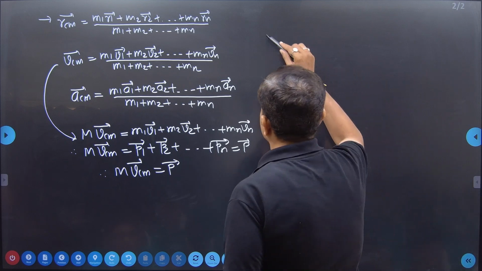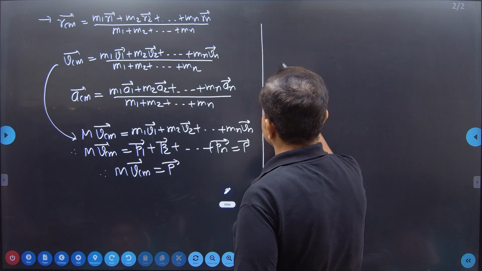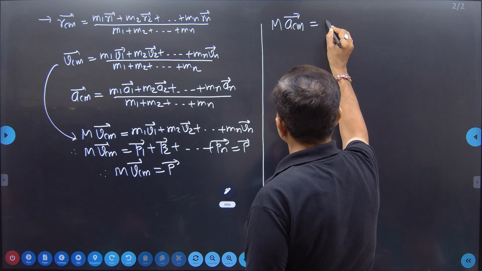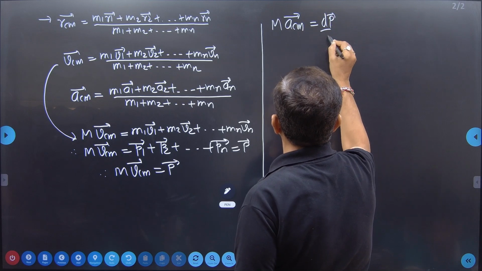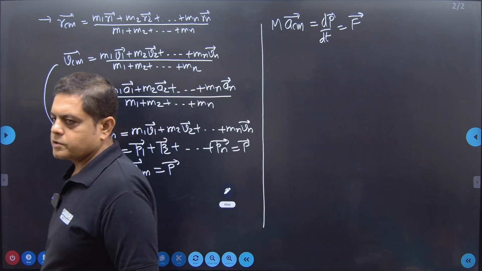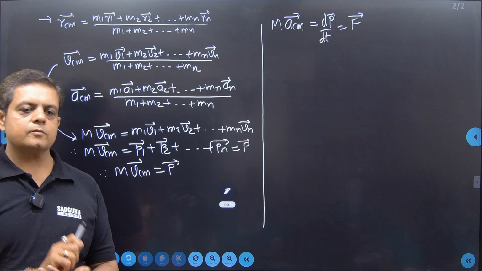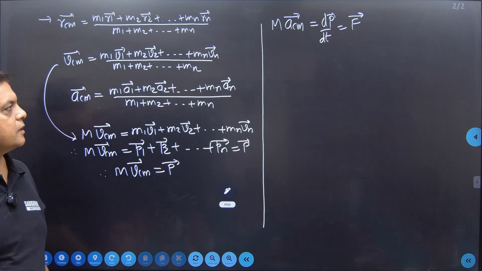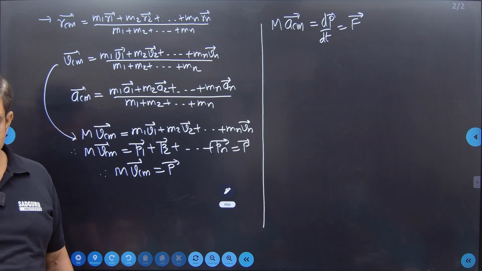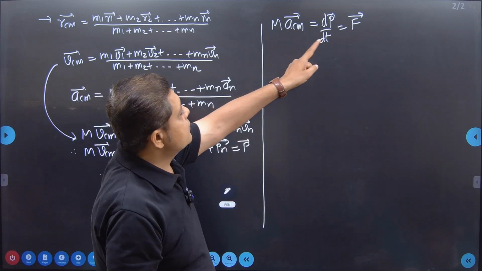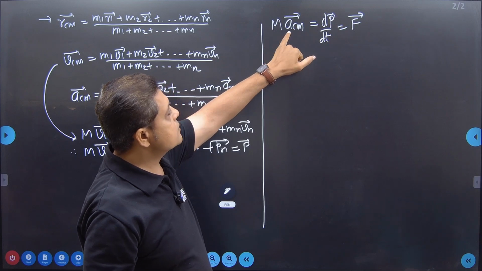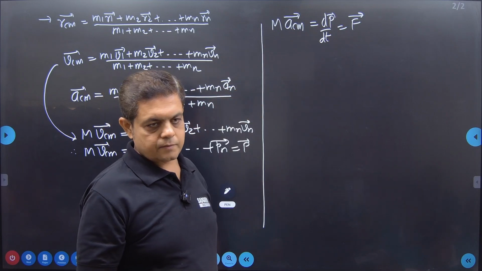If I differentiate this with respect to time, I get M acm equal to dp by dt, which is F. It is the resultant force on the system of particles. Clear? So again, if I have to find the resultant force on a system of particles, what I need is the mass of the whole system but the acceleration of the center of mass.